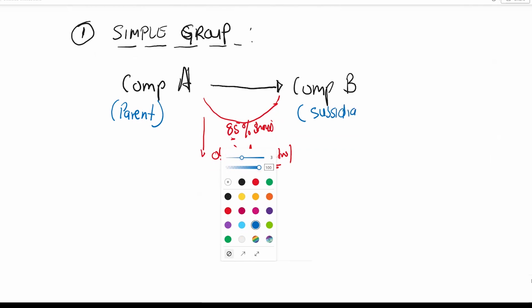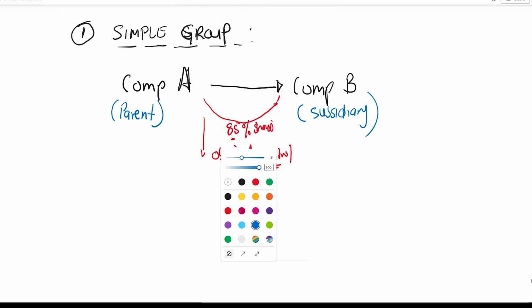Now I will be using this word a lot, so please understand what it means. The company that buys control or obtains control is the parent company. The company over which control has been obtained, or from whom shares have been bought, is the subsidiary company. Okay, company A controls company B.